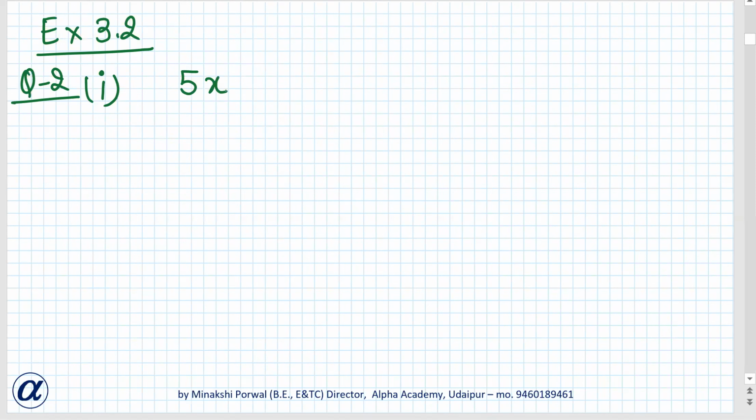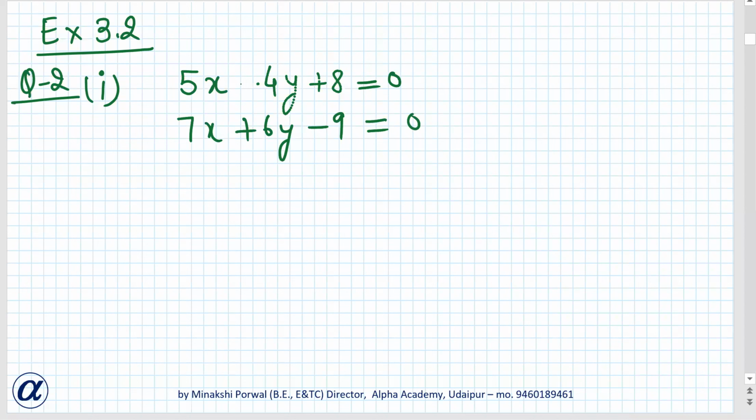On comparing the ratios, find out whether the lines representing the following pair of linear equations intersect at a point, or are parallel, or coincident. The first equation is 5x minus 4y plus 8 equals 0. The second is 7x plus 6y minus 9 equals 0. So we have to check what type of solution they are having.